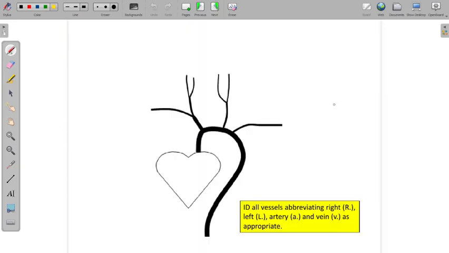Okay, so there's our heart coming out of the left side. High pressure side, and again here is the arch, and these are our 3 branches pointing at. So let's go ahead and label these.